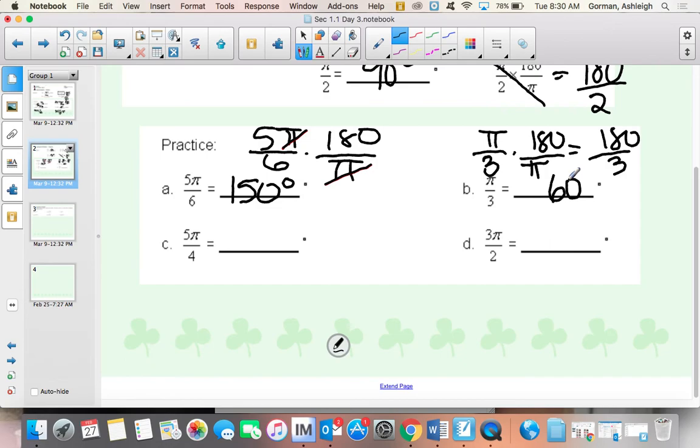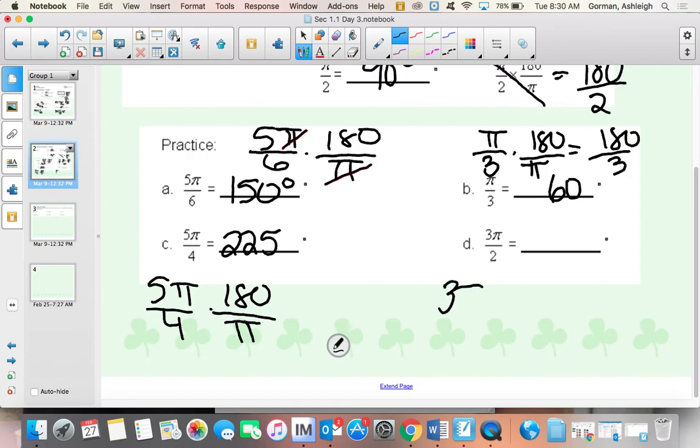Five pi over 4. When I have 5 pi over 4 times 180 over pi, I get 225 degrees. The last one, 3 pi over 2 times 180 over pi.